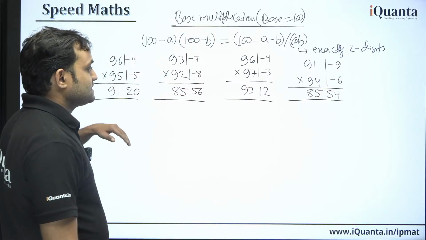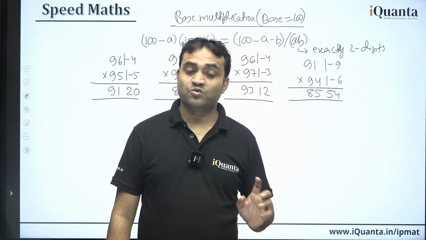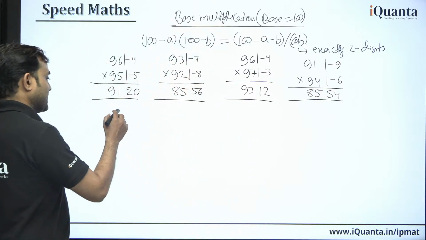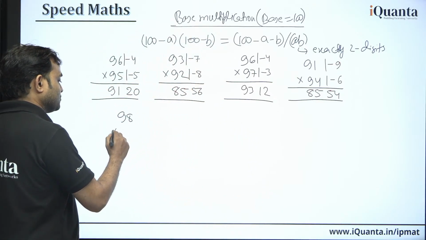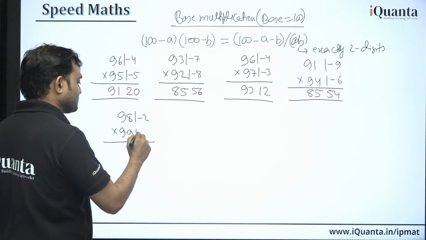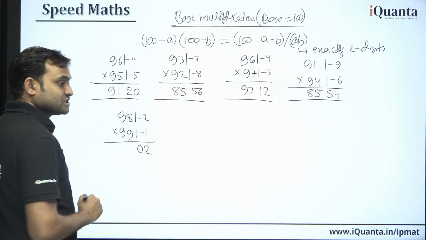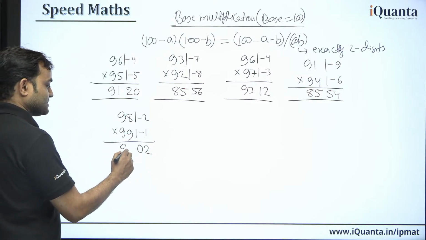Now, again, same thing. When the product of the surpluses is a one digit number, what do we do? Like 98 into 99. In that case, the surplus is minus 2, the surplus is minus 1. Minus 2 into minus 1 is 2. So, we will put 02. 100 minus 3 is 97.